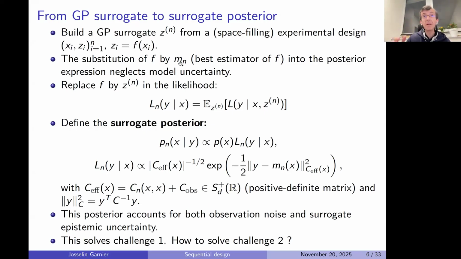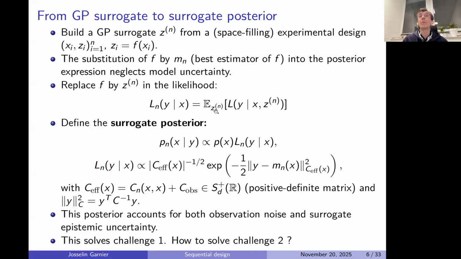So the idea would be to take into account the full distribution of Zn, and so to consider first the likelihood of y given x in which you replace f by Zn. You completely replace f by Zn, and Zn is a Gaussian process with known mean and covariance function. But of course, this is random.